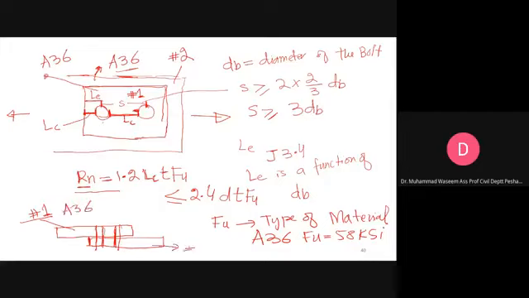Number 2 can be A242 or A36. If both are made of the same material, their calculation will remain the same. If the thickness of this plate and this plate is the same, you have to do one round of calculation. If the thickness of one is different from two, then you have to do this operation twice. We will see that in an example.